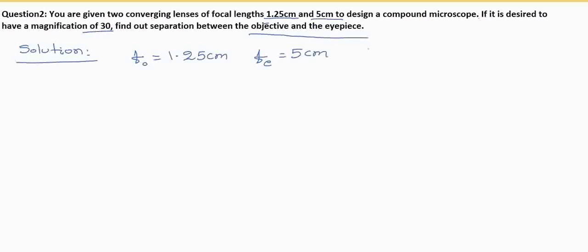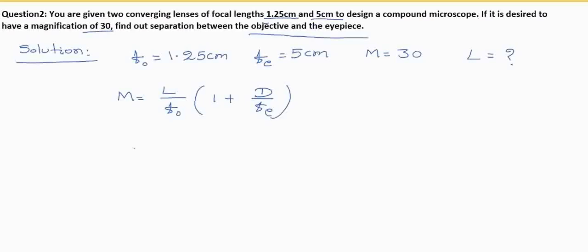Here the magnification M is given, that is 30, and we are asked for the length of the tube, or the distance between the objective and eyepiece. Let us put the formula, M is equal to L divided by FO into 1 plus D divided by FE.